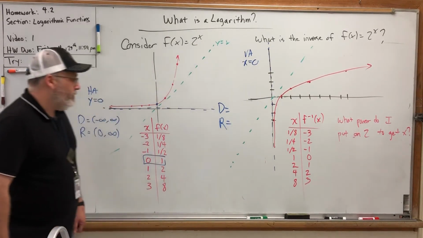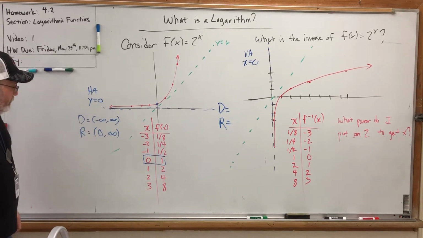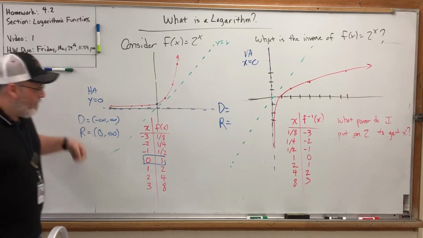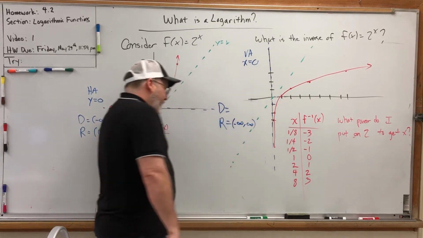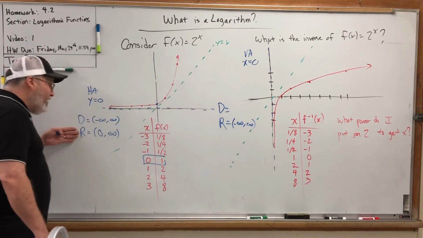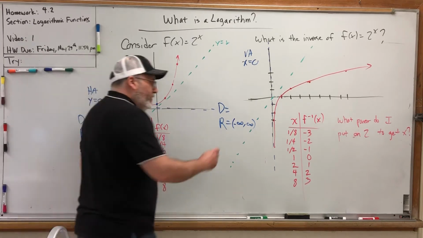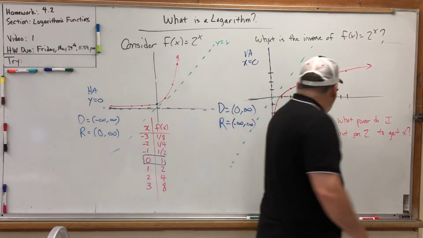Part of the definition of inverse functions is that the domain of one is the range of the other. So if the domain of this one was everything, then the range of this one is everything. And if the range of this one was 0 to infinity, then the domain of this one is 0 to infinity, not including 0.